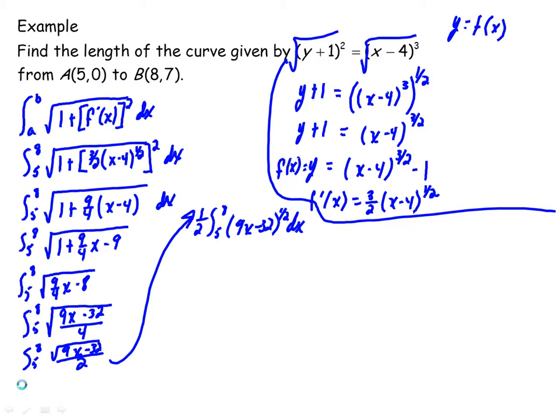How do you integrate 9x minus 32 to the 1/2? Use substitution. What is u? What is du?